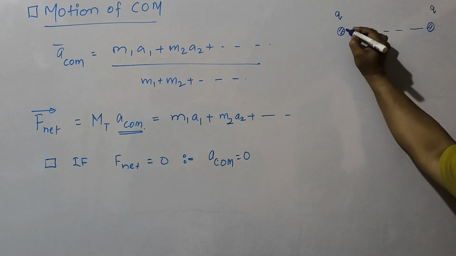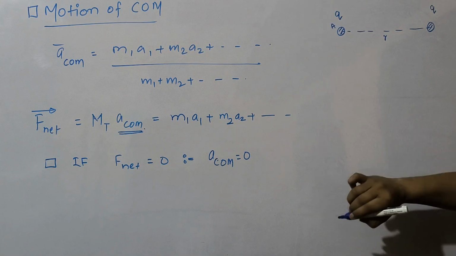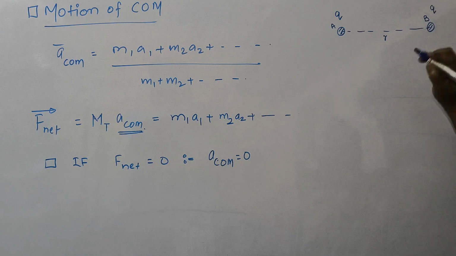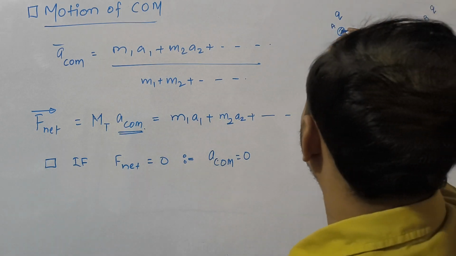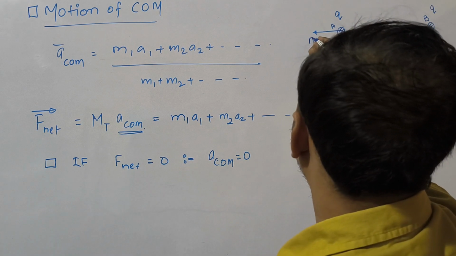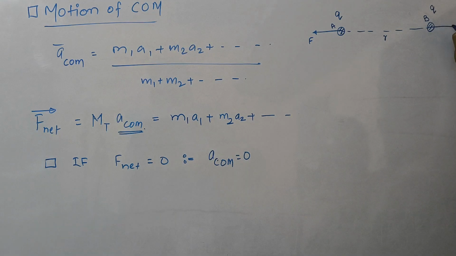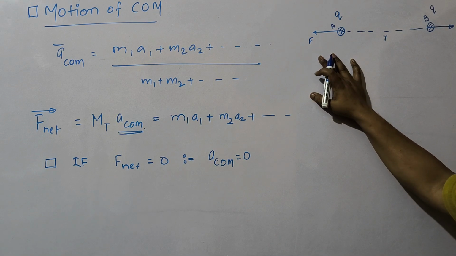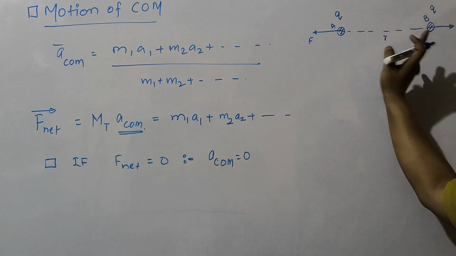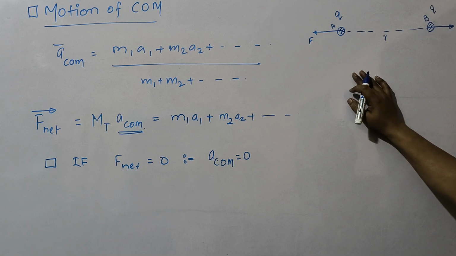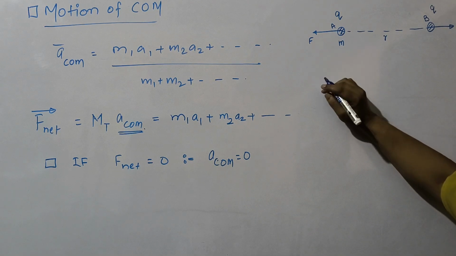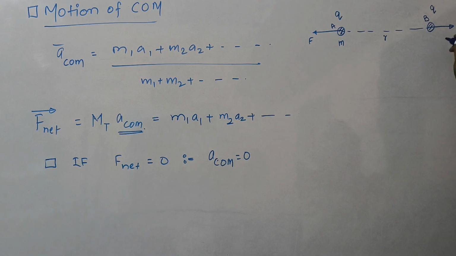This is at point A, this is at point B. Let's say the force acting on this is F. Similarly they will have electrostatic force equal in magnitude and opposite in direction. Let's say the mass of charge at A is m and the mass of charge at B is 2m.